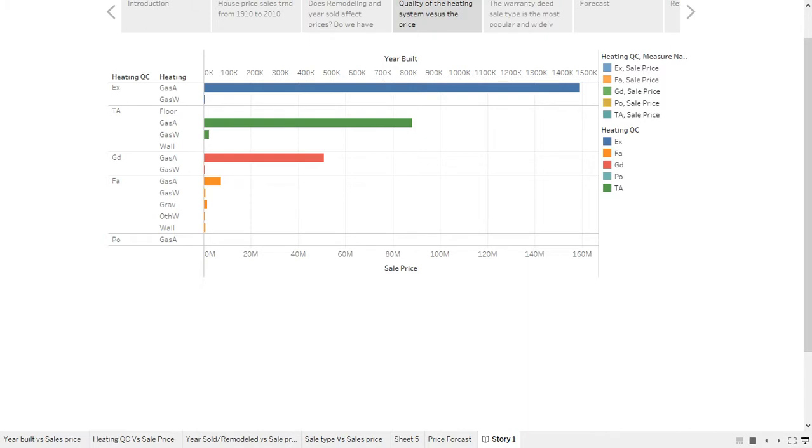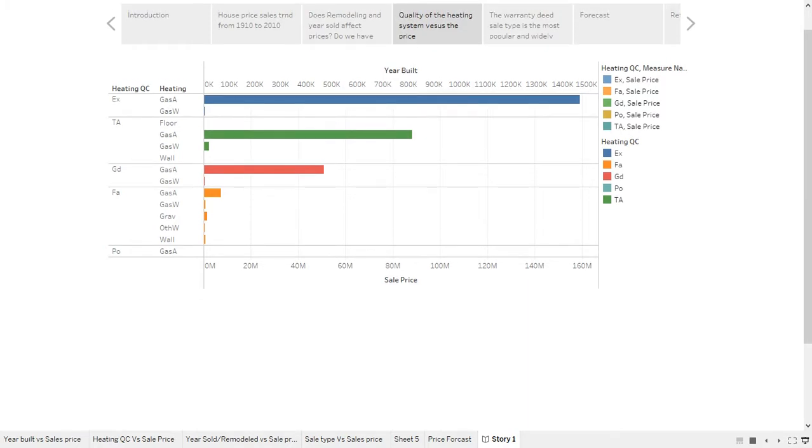We look at the quality of the heating system. If a house is not well heated, or the heating system is not good at all, the price of the house is going to drop. Over the years, we see that the heating system has improved from poor, fair, good, above average, up to excellent.